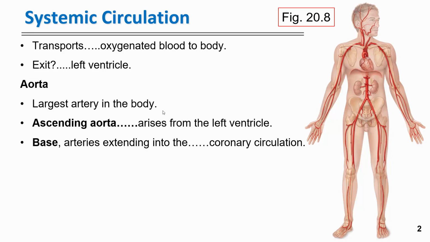At the base of the aorta, there are vessels that extend from that tissue, and those vessels will form the coronary circulation that carries blood to the heart. And from that, within the coronary circulation, that will branch into right and left coronary arteries.